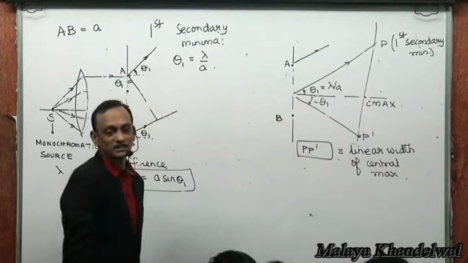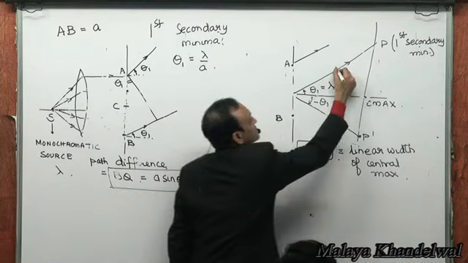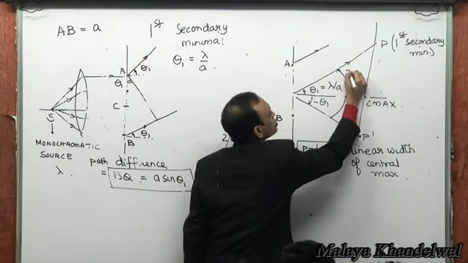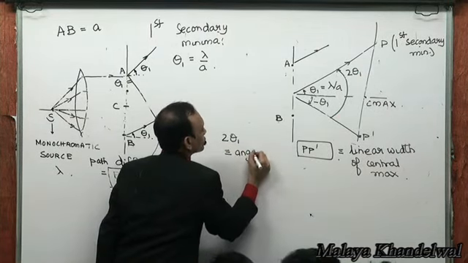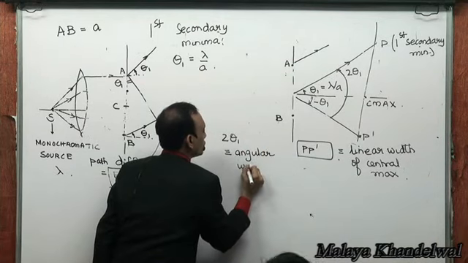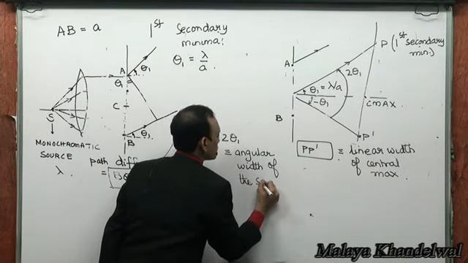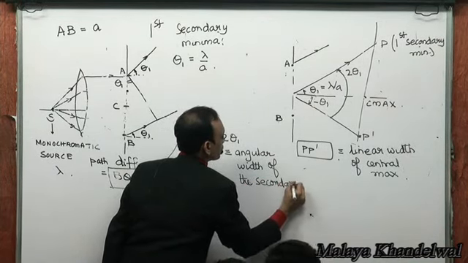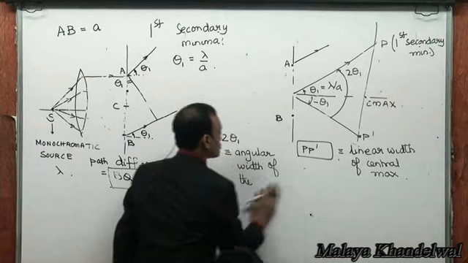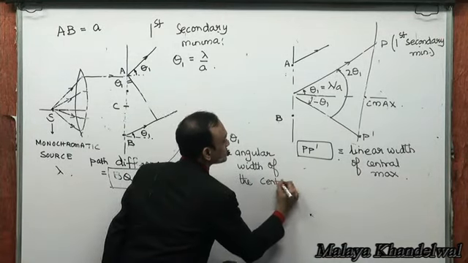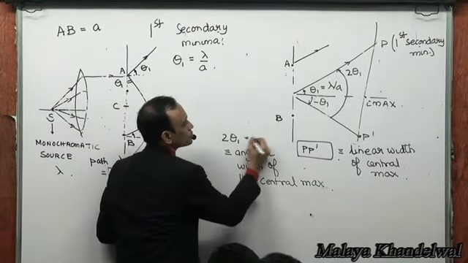And 2 theta 1, which is this angle, is called the angular width of the central maximum. 2 theta 1 means 2 lambda by a.